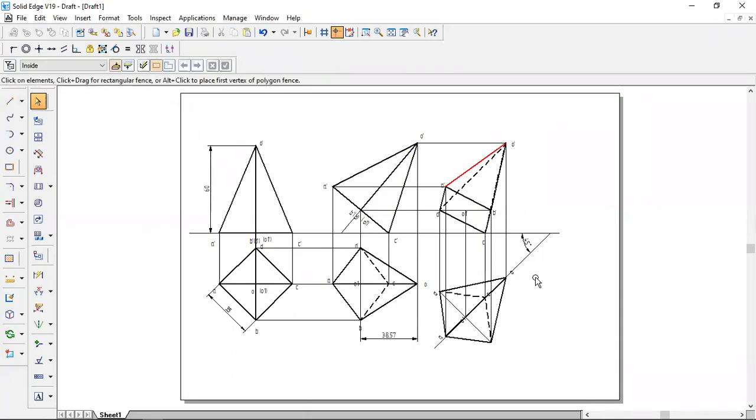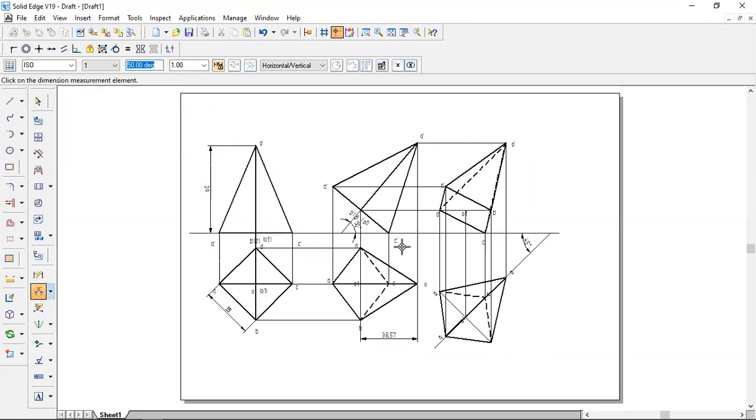Okay. So now the angle between this to be measured, which is 50 degrees. So the axis is inclined at an angle of 50 degrees to HP. So now this is how we can draw this. Okay.